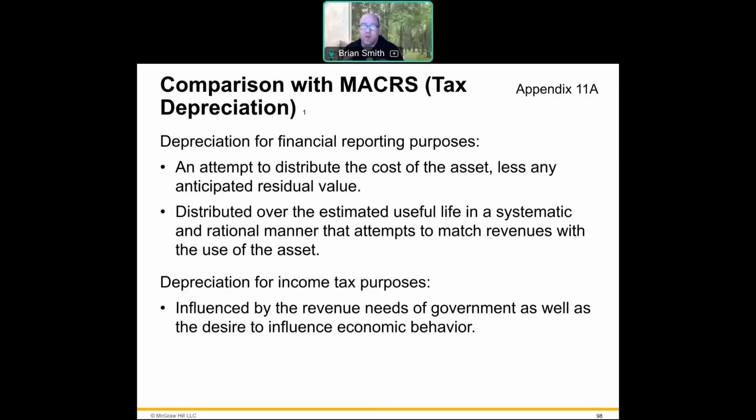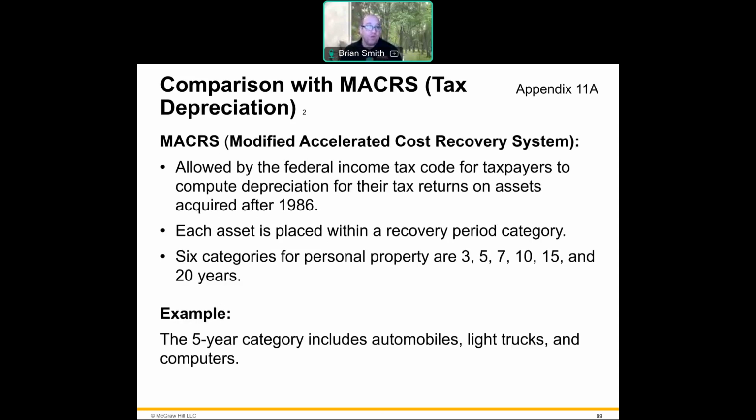Okay, MACRS, if you're interested in taxes, is basically just an accelerated form of depreciation. You basically are going to have two different books, tax versus accounting, because MACRS is not approved for GAAP. It's basically just a way to spur the economy on. You can depreciate your assets faster for tax purposes.